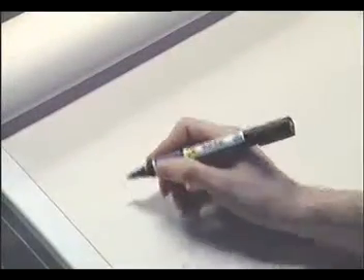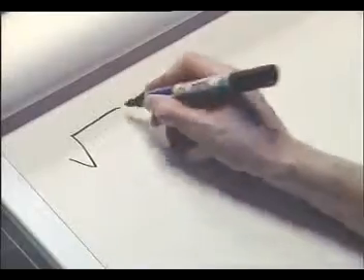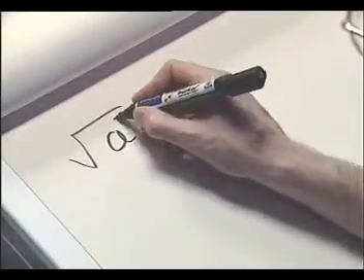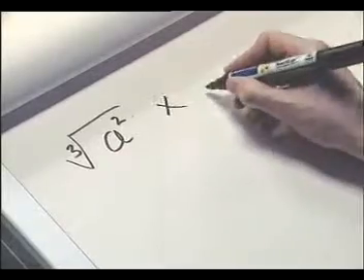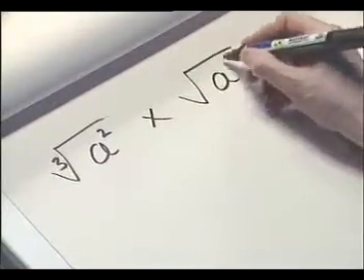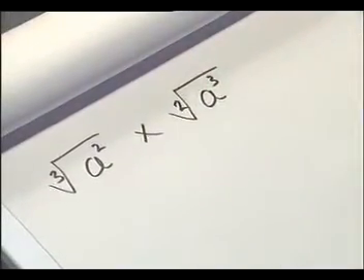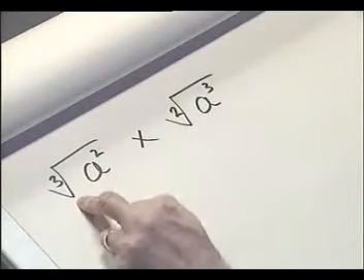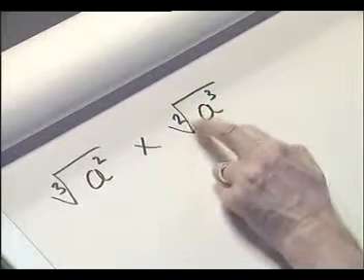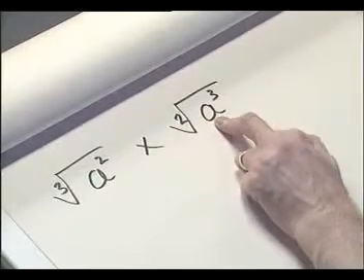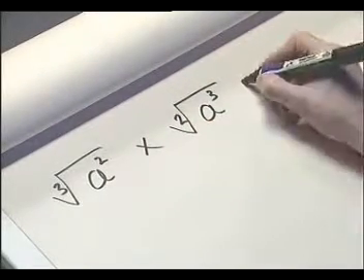Now then, if we take something that looks a little bit complicated, what have we got here? We've got the cube root of a squared times the square root of a cubed.